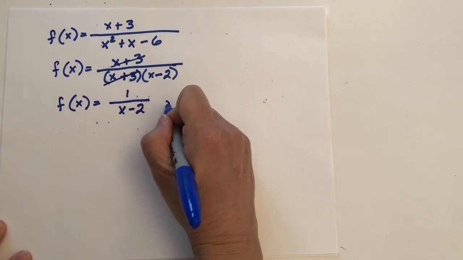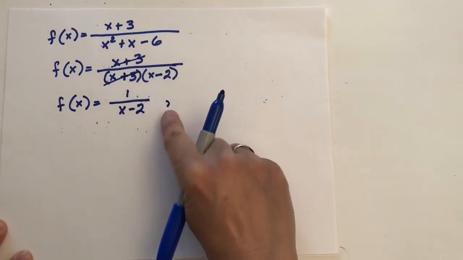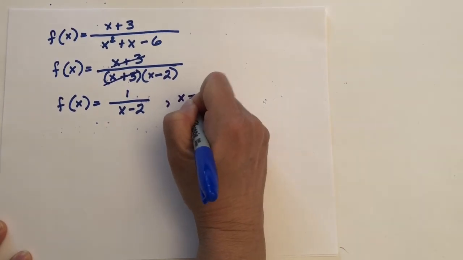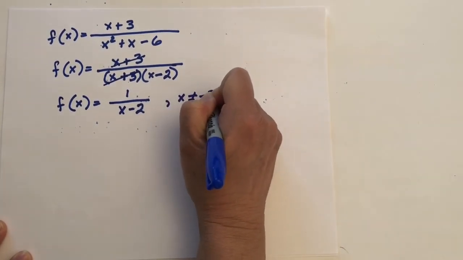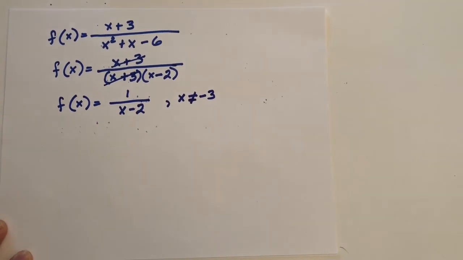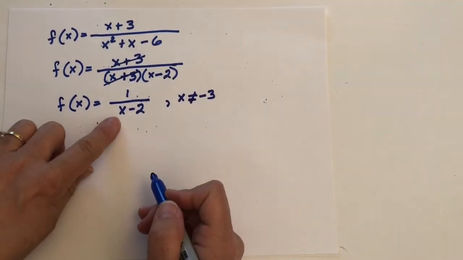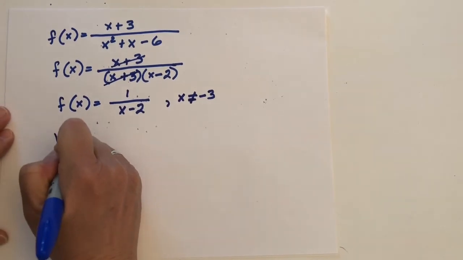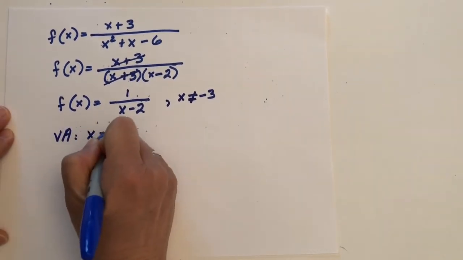So this function is equivalent to 1 over x minus 2, where x doesn't equal negative 3. So the vertical asymptote only occurs here at x equals 2.